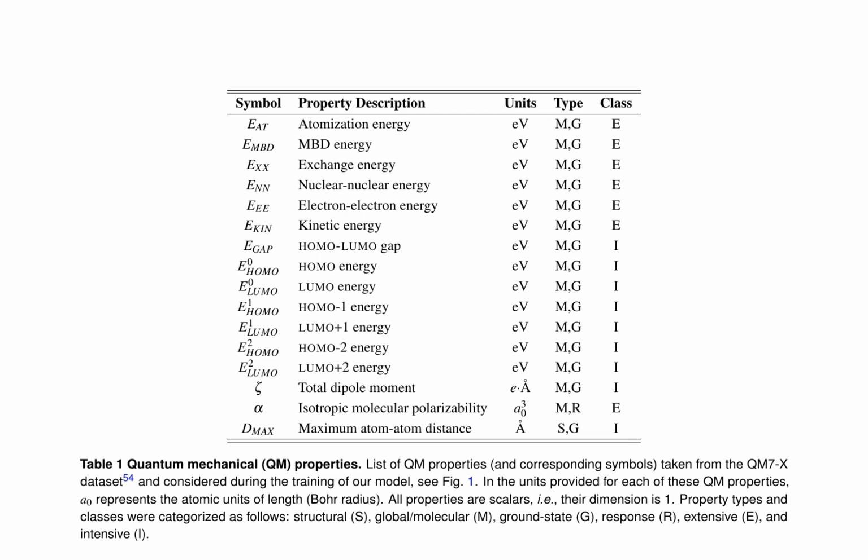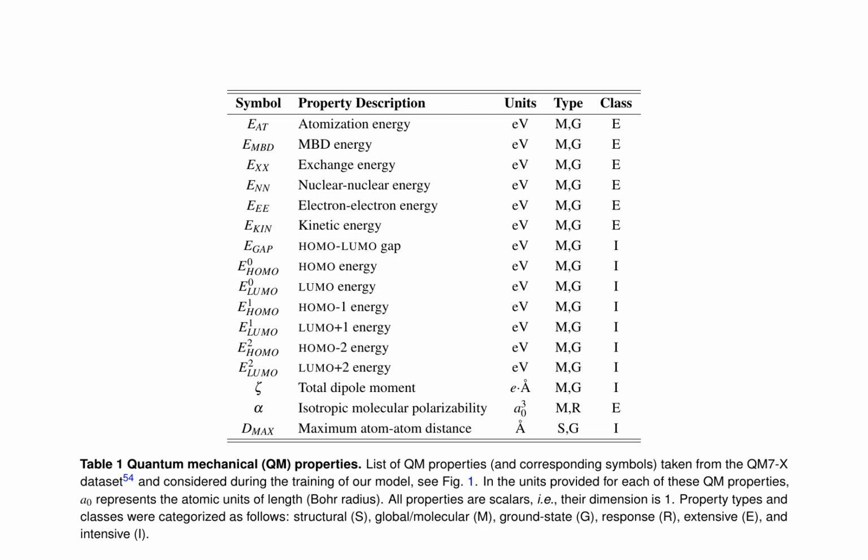The research paper presents a detailed table outlining various quantum mechanical (QM) properties considered in the QM7X dataset. These properties include atomization energy, MBD energy, exchange energy, nuclear energy, electron energy, kinetic energy, HOMO-LUMO gap, and other dipole moments and polarizabilities.